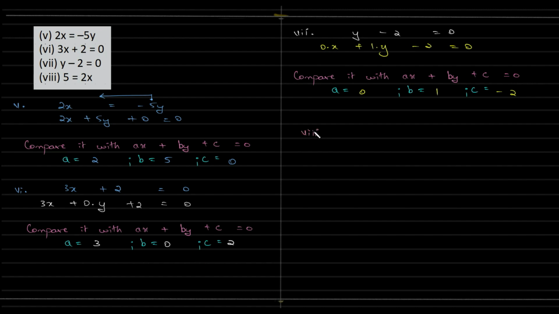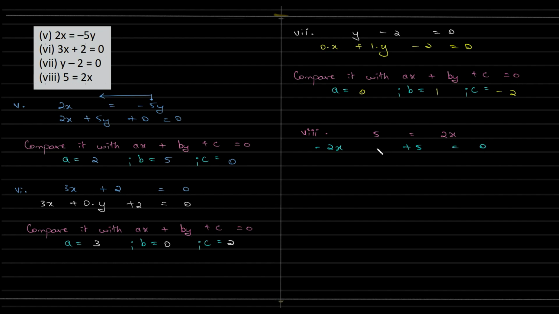Next we have the 8th question, which is 5 is equal to 2x. Okay, so let's get 2x to the left hand side. What happens? So we have minus 2x, first thing. So here this is plus 5, so that will just be there itself, and this is equal to 0.